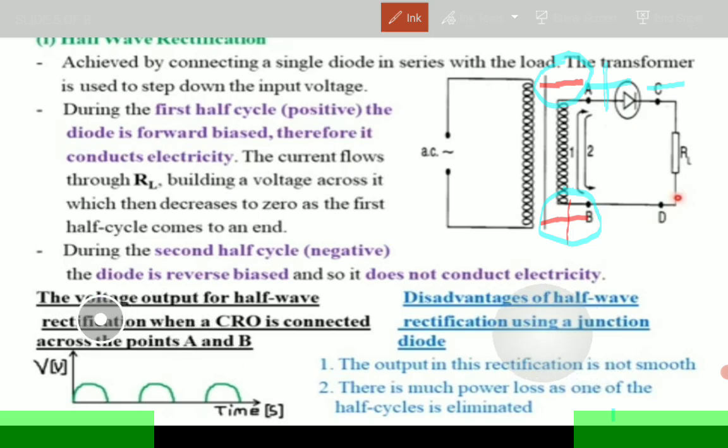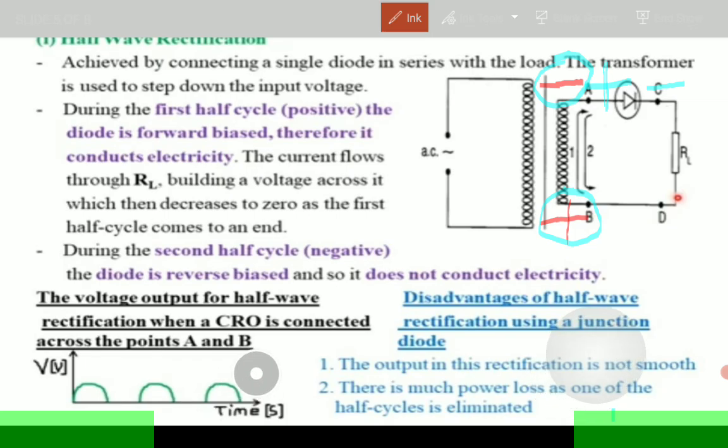The voltage output for half-wave rectification when connected to a CRO is shown by this diagram here. This is what you would see on the cathode ray oscilloscope screen. You see half of the wave, because the lower part has been taken away by the use of the diode.